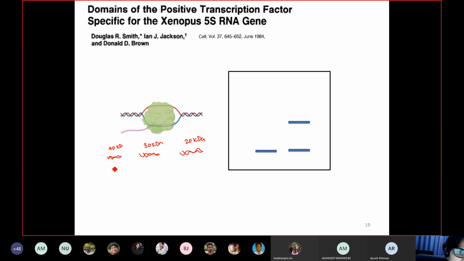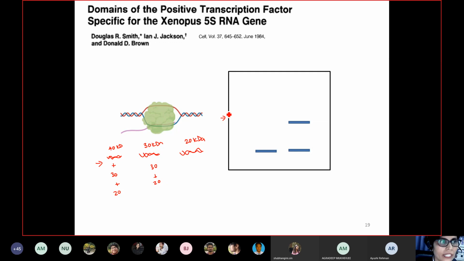And now on top of that, you either mix it with 30 or you mix it with 20. Similarly, you mix it either with 30 or with 20 kilodalton. So this kind of assay will tell you whether this protein is able to bind only one molecule of 40 or it is also binding with the 30 fragments, so whether it is making a homodimer or heterodimer kind of complex. And how will you analyze this kind of assay? You will go for EMSA, or even denaturing SDS-PAGE kind of analysis.